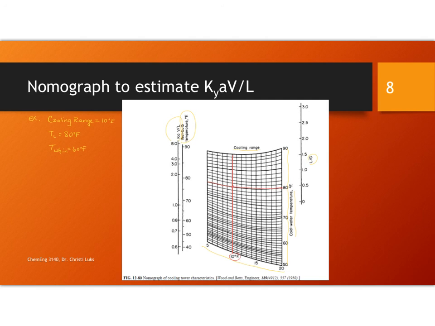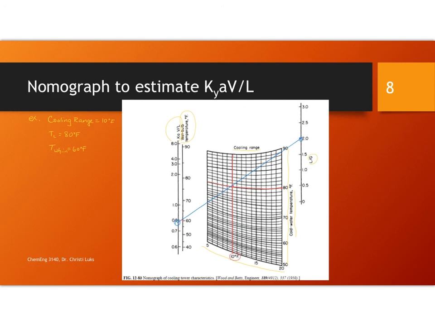But this point right here is a fixed point. And then if I also want to use a wet bulb temperature of 60 degrees Fahrenheit, then this is my second point. I can now connect these two and read from this scale Kg V over L, and up here the L over G ratio.